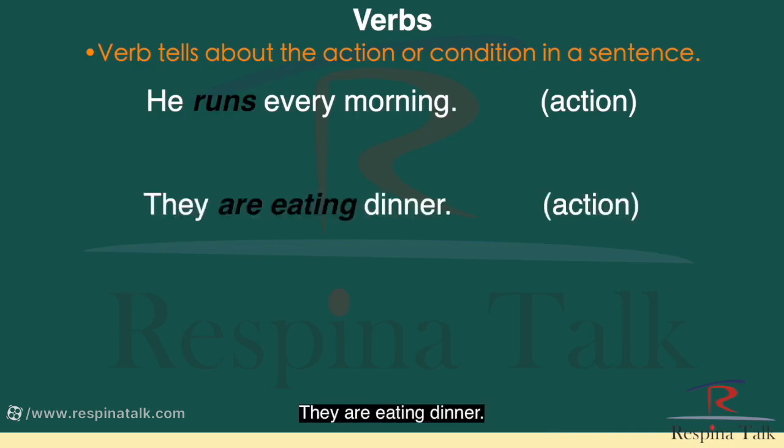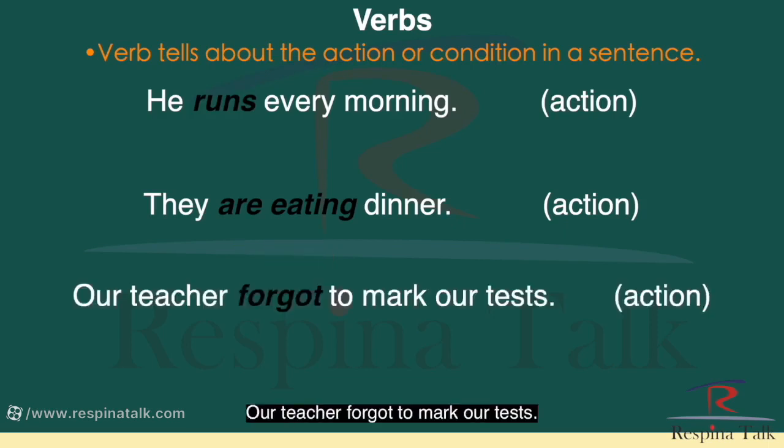They are eating dinner. Here, the verb is are eating. Again, because it is showing an action. Look at this other example. Our teacher forgot to mark our tests. Here, forgot is the verb because it is showing an action again.